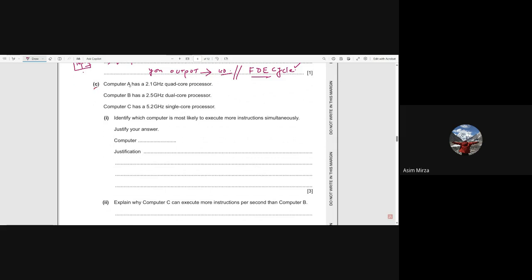So part C: computer A has 2.1 gigahertz. Students, you need to make sure that you attempt this question very carefully. The question tries to confuse you, in simple words.